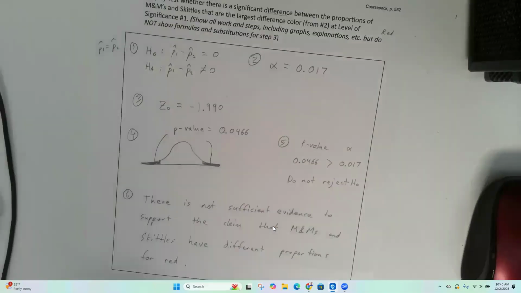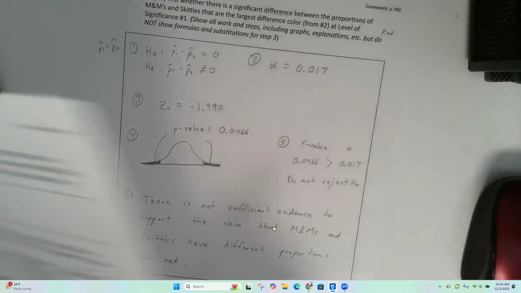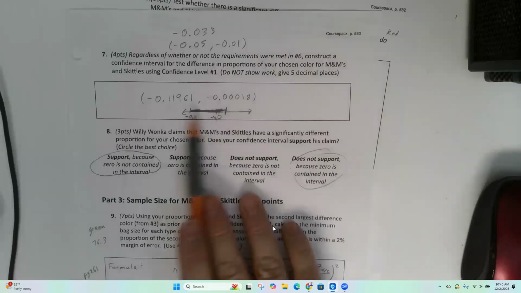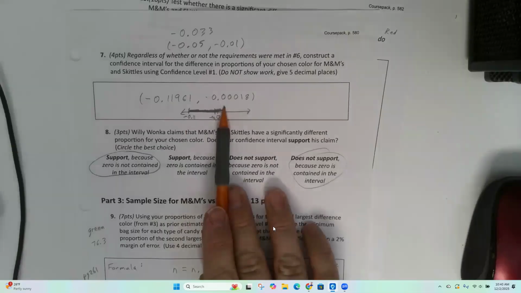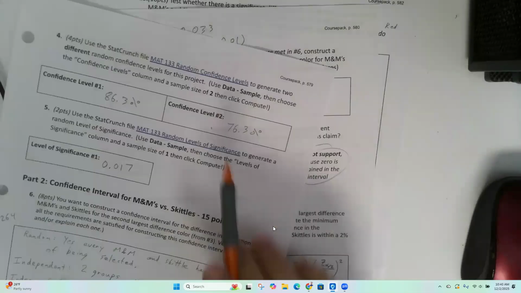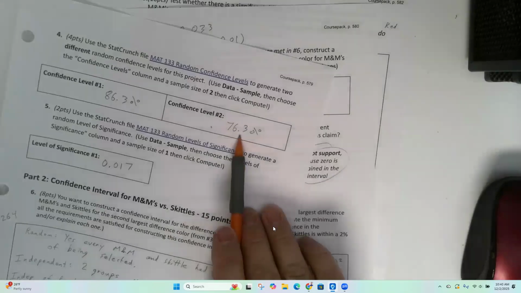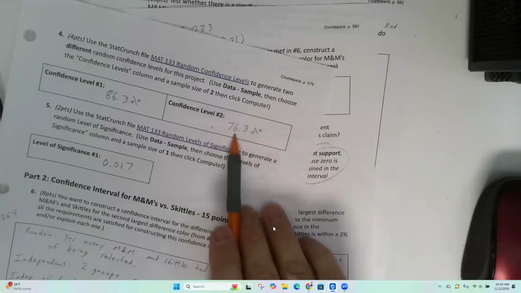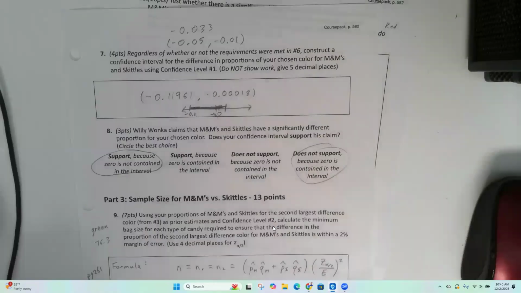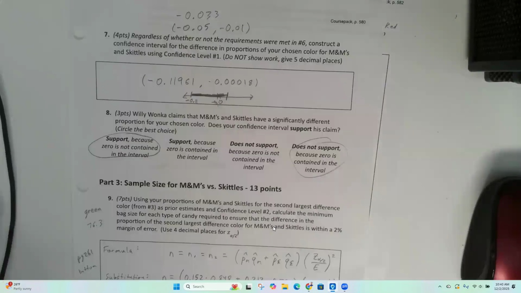So that's a very high confidence level. When I was looking at the confidence interval here, I was looking at a 76% confidence interval, which is not that high of a confidence level. So I was able to support that claim because I had a huge alpha.